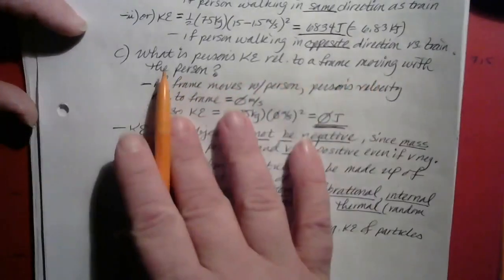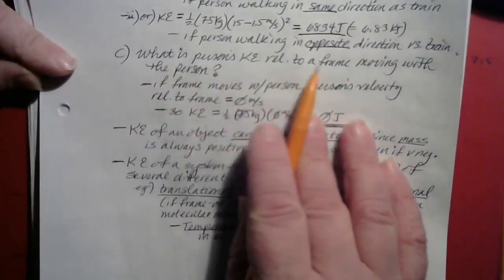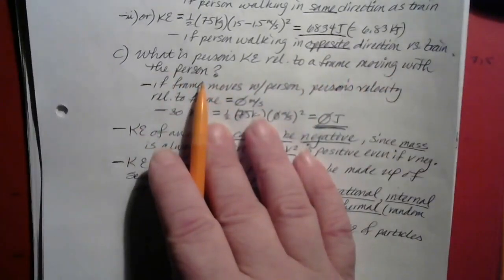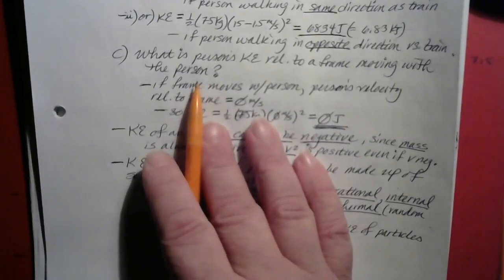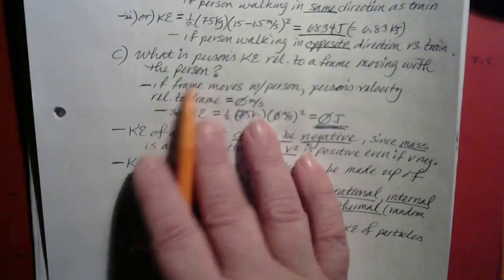Okay, so the next question is, what is the person's kinetic energy relative to a frame moving with the person? It might seem obvious at first, and then you might say, no, it couldn't be that, that's too obvious. But actually, it is that obvious. If the frame of reference moves with you, then your kinetic energy relative to yourself is nothing.